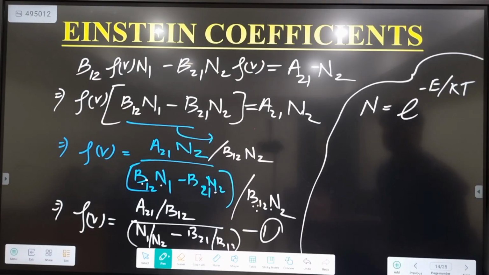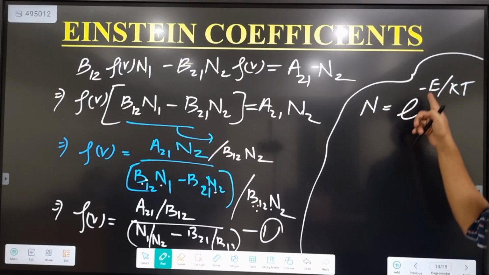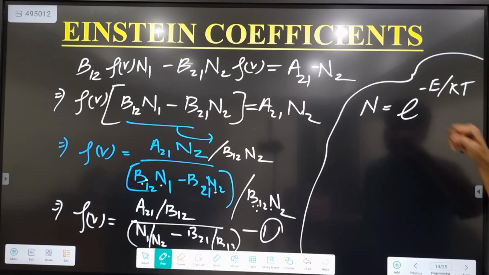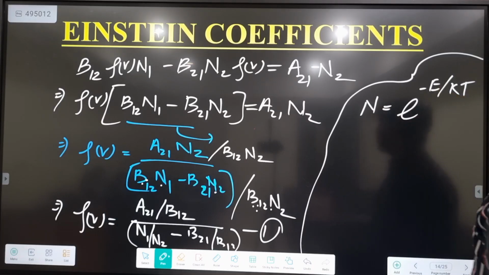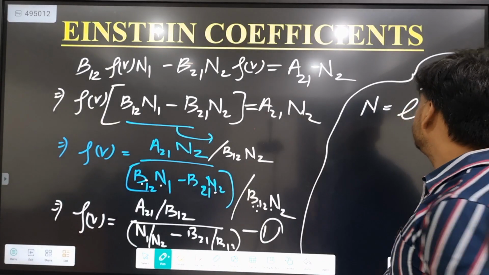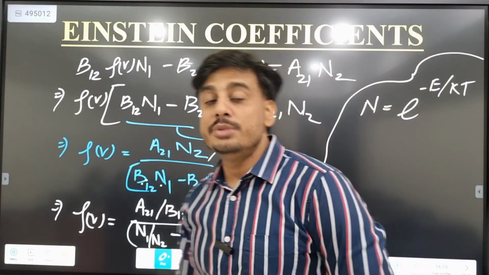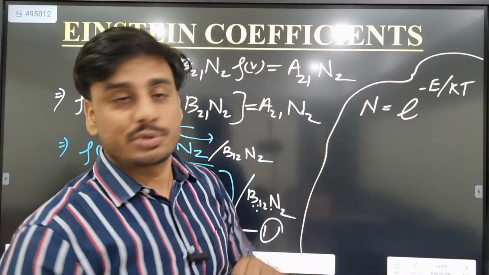Here E corresponds to the energy of that state, k is the Boltzmann constant and T is the absolute temperature.